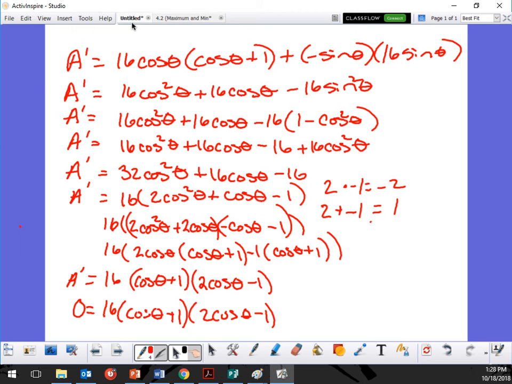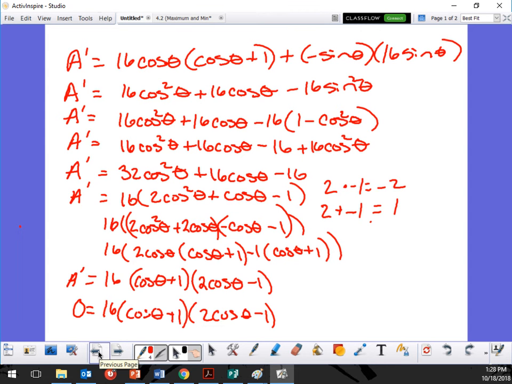So I'm going to have another page. So 0 equals 16. That's a multiplier, so that goes away. I could discount that one. And the next one's going to be 0 equals the next part, which was cosine theta plus 1.